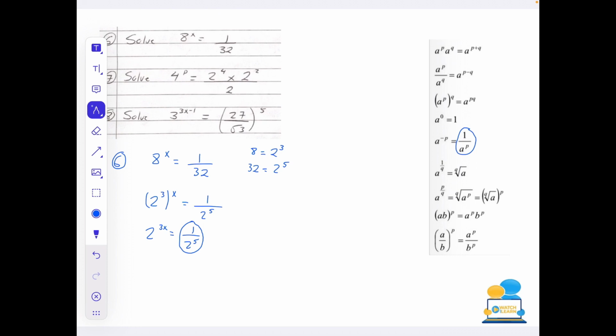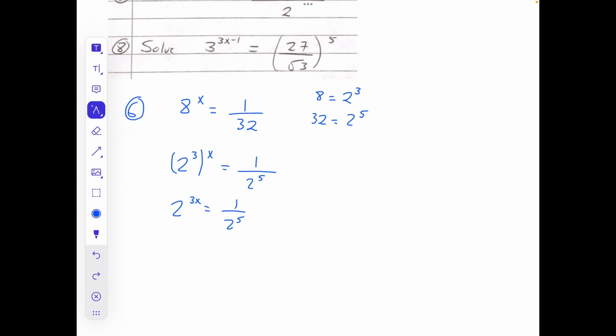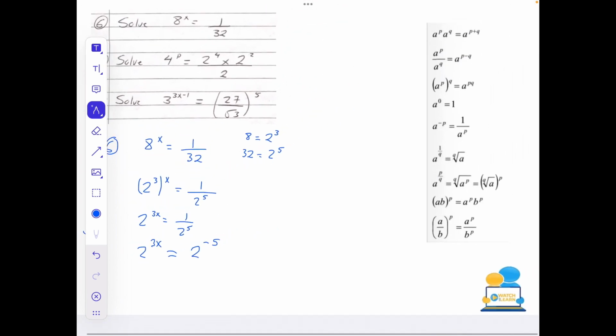Now we can work backwards and make that look like a to the power of minus p. So what will this actually equal? I can say that 2 to the power of 3x is equal to 2 to the power of minus 5.